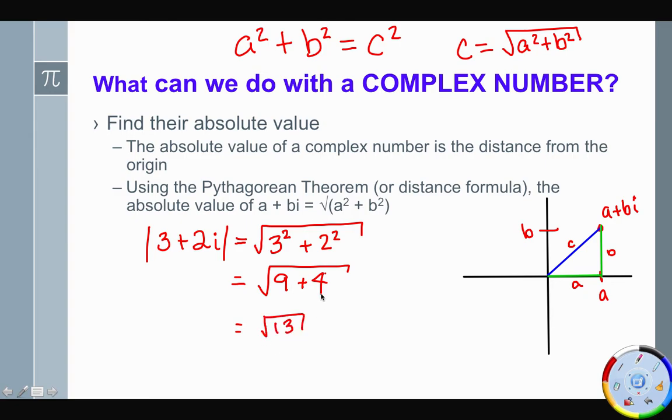It is really as simple as that. The absolute value of a complex number is the distance from the origin, which is a very simple formula, the square root of a squared plus b squared.